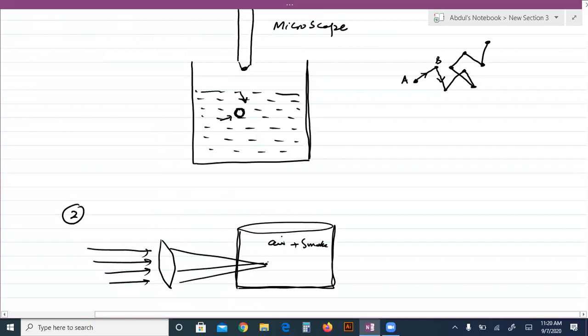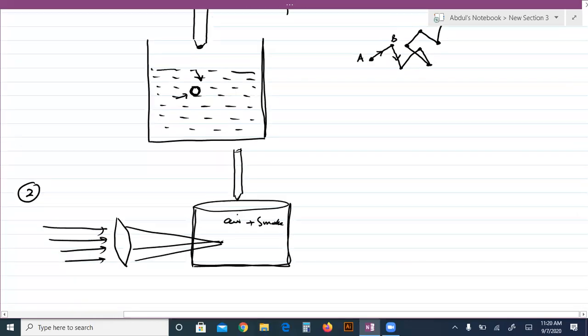When the mixture of the air and the smoke is seen with the help of the powerful microscope, bright specks of light are seen under the powerful microscope. These specks are the particles of the smoke, and they are also moving randomly.